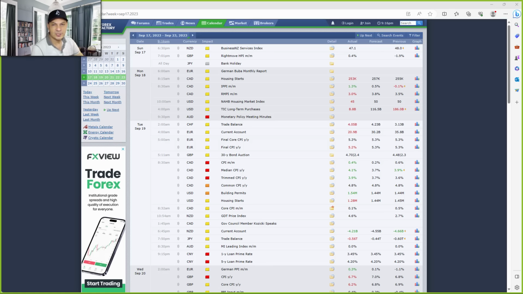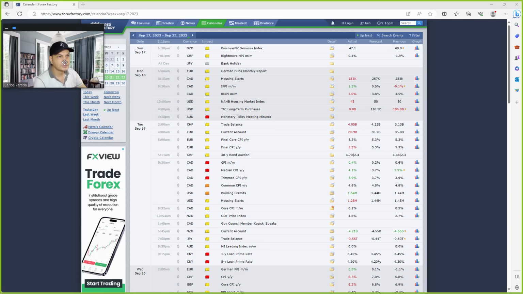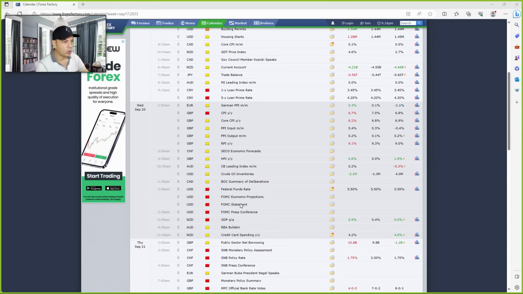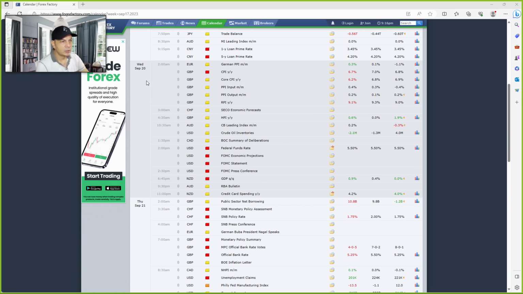So we don't have to be experts on fundamental analysis. I usually use this calendar. It's called Forex Factory. And I like this one because it shows me only the majors, and its important announcements are usually marked with red color. Going back to September 20th, where we saw that big spike in volume, it was the FOMC meeting.